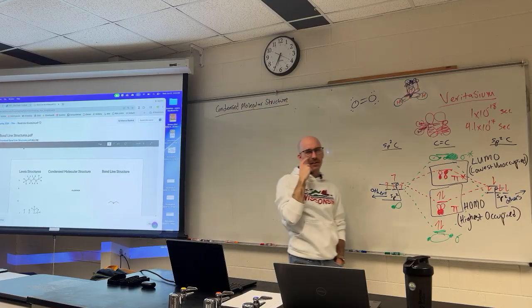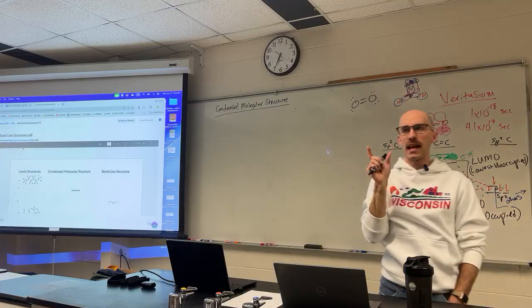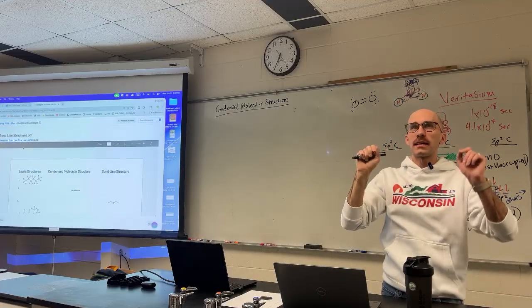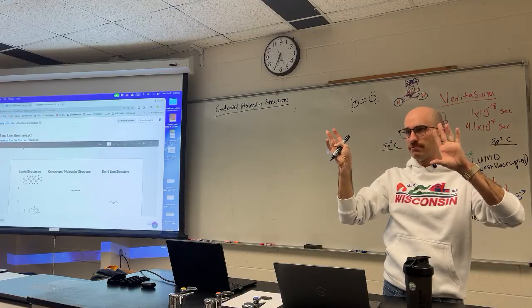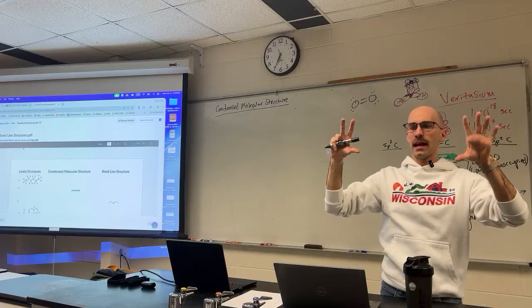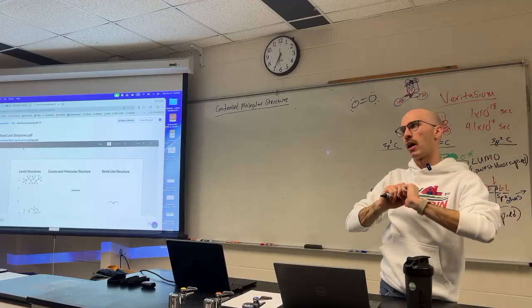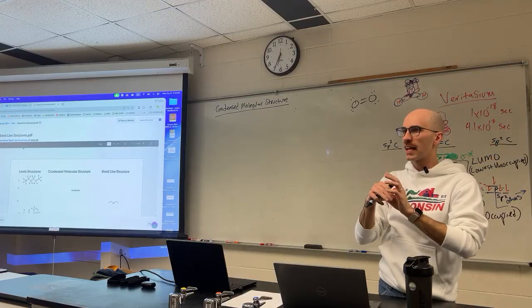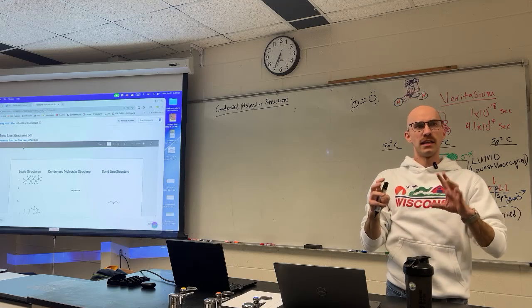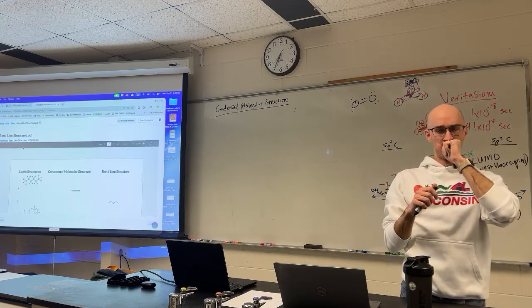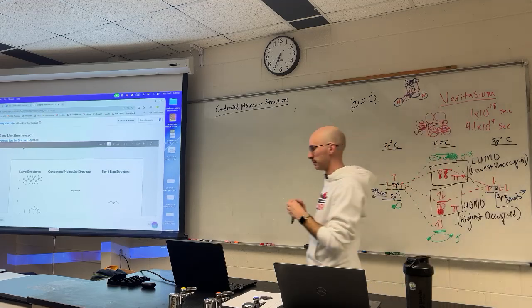A condensed molecular structure essentially takes the Lewis dot structure and ignores the bonds. It groups the atoms that are bonded together, but then it doesn't show you what bonds are actually there.